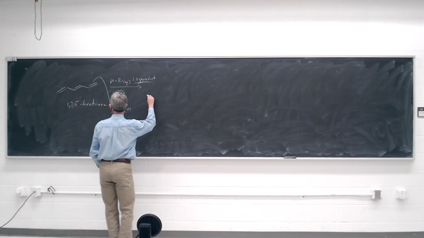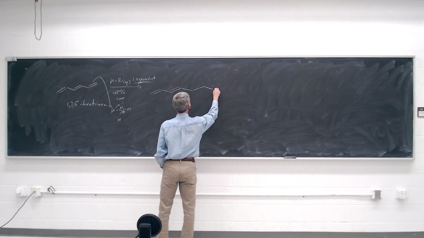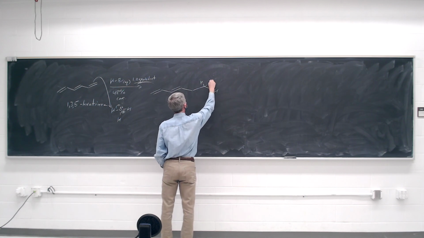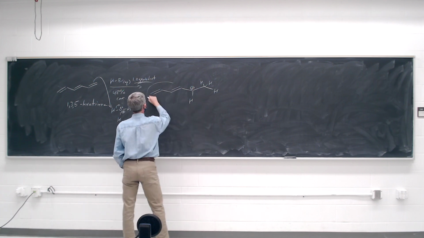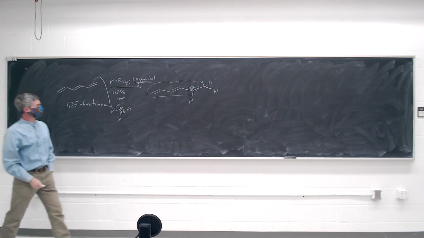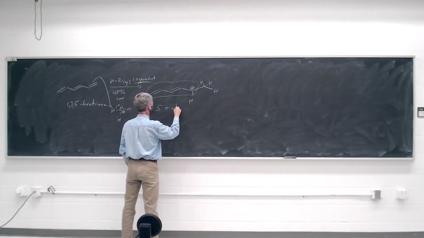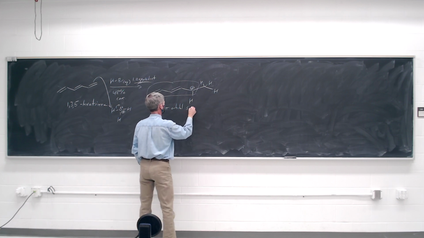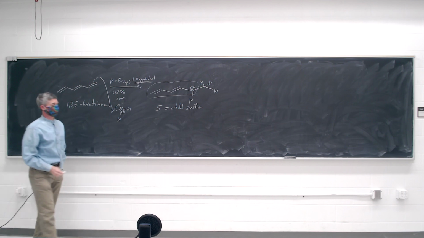Because if you react on one of the ends, the carbocation that you form is now part of a 5 pi orbital system. It's kind of an extended allylic system.